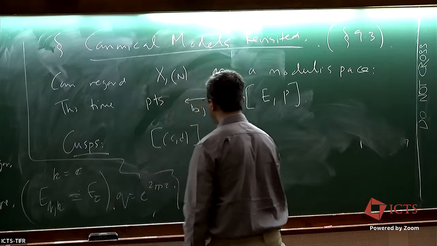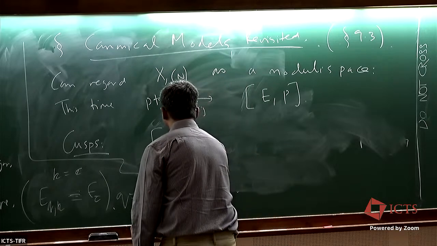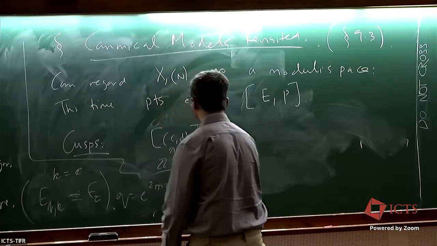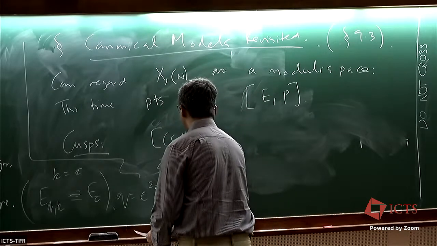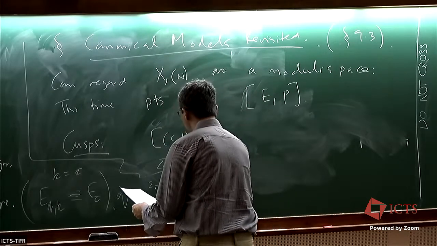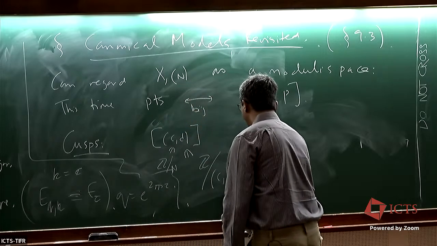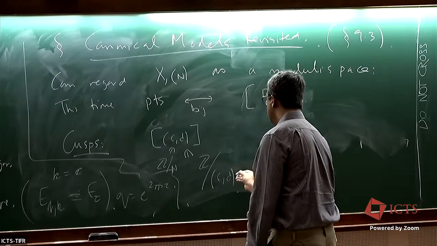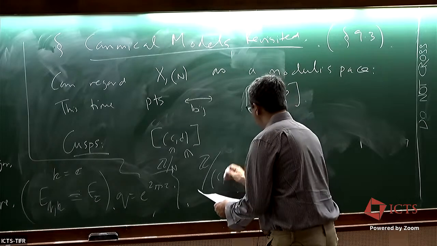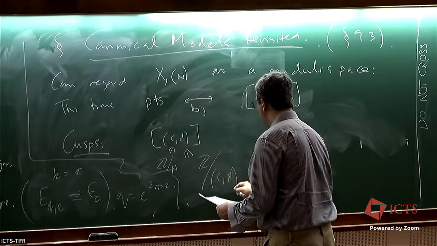Remember, in my third lecture, I said that the cusps were parameterized by classes of ordered pairs, where the first coordinate was in Z mod n, and the second coordinate was in Z mod the GCD of C and n.